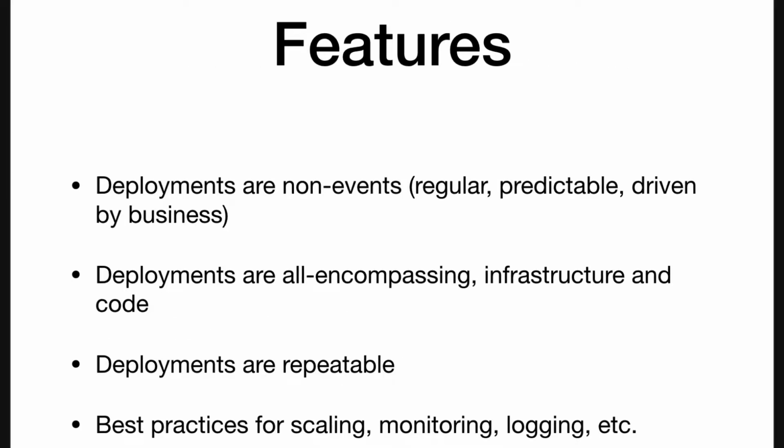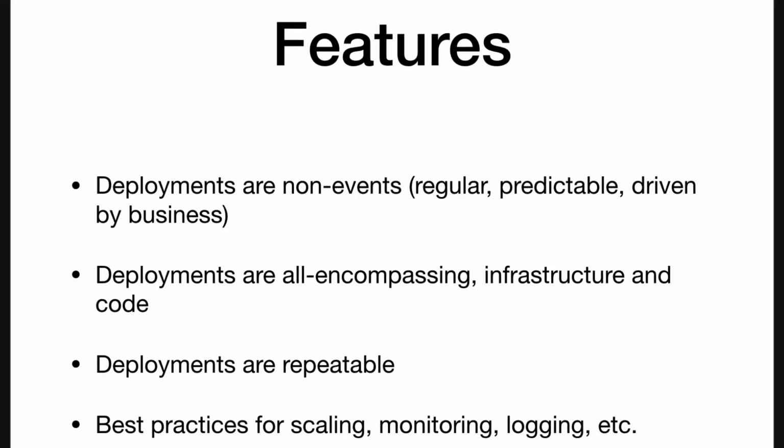So the features we would want to have in a continuous delivery pipeline like this, first and foremost, deployments really need to be non-events. It needs to not have a lot of special ceremony around it. I've worked in environments where a deployment is something you spend 3 months preparing for, down to a deployment being something that I do 15 times a day. So there are a few attributes to that.